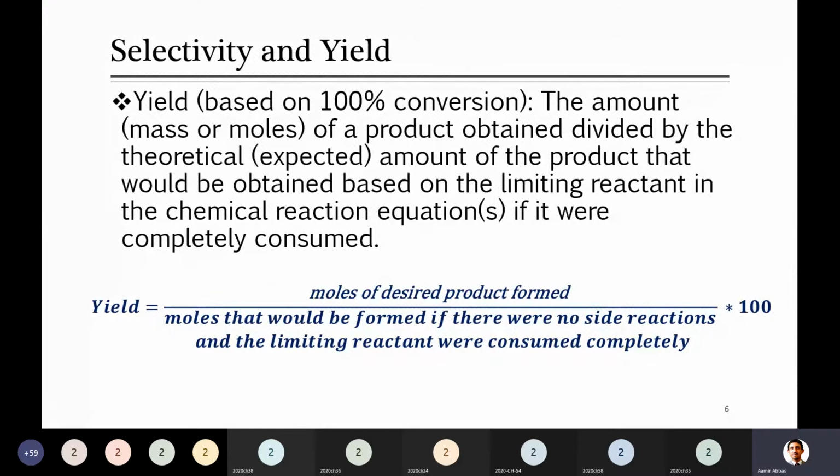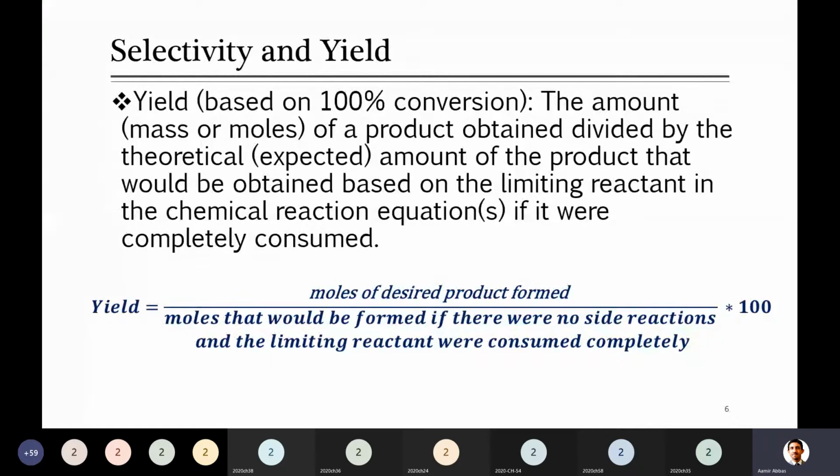What does that denominator side mean? If you look at the equation, it means the maximum which can be achieved theoretically, that's the amount of product. I gave you the example of this ethylene production, where dehydrogenation takes place and ethylene is being produced. If 100 mole were supposed to be produced and they are also produced, then 100 over 100 gives you the yield of 1, or 100%.